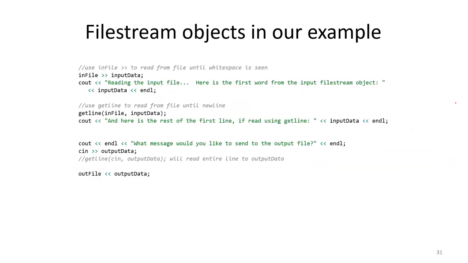So here's a couple more examples that we saw in our earlier demo. We saw that if we use infile, our input file stream object, and have it read into input data, this will store the first item from our file in the variable input data.